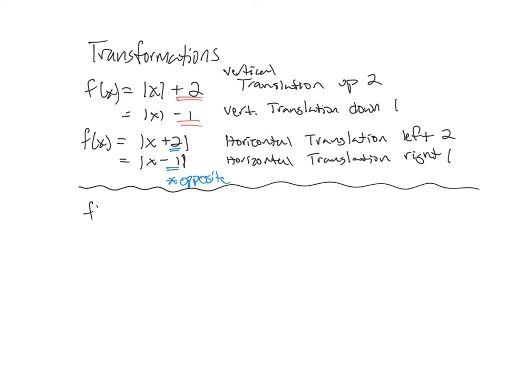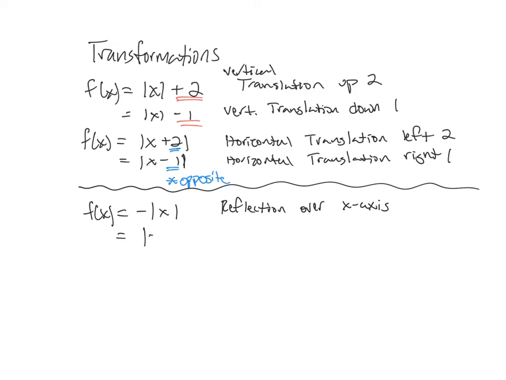All right, then when you have a negative in the front, actually, they don't use the word vertical. They just do reflection. It's a reflection over the x-axis. It's on the outside.